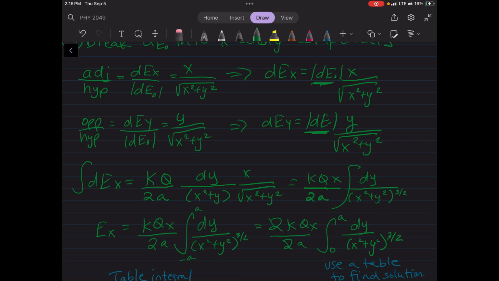Okay, let's express Ey in terms of the magnitude of dE times y over the square root of x squared plus y squared.